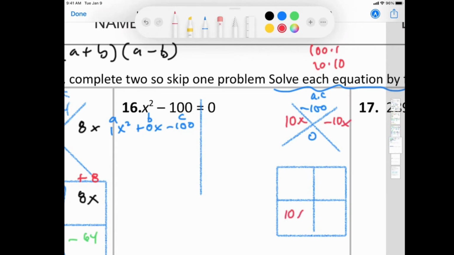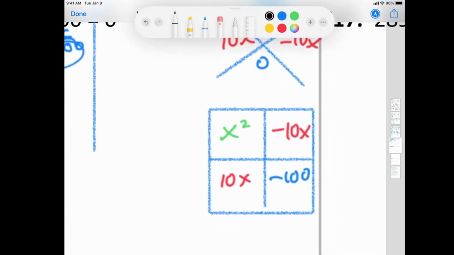We're going to put those here and here always. That was this term, 1x squared or just x squared, and then negative 100. GCF here is going to be, whoa, I was trying to do a fancy x. X, positive 10, x, and negative 10.